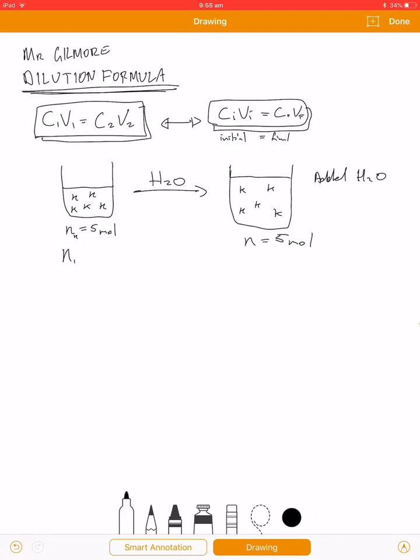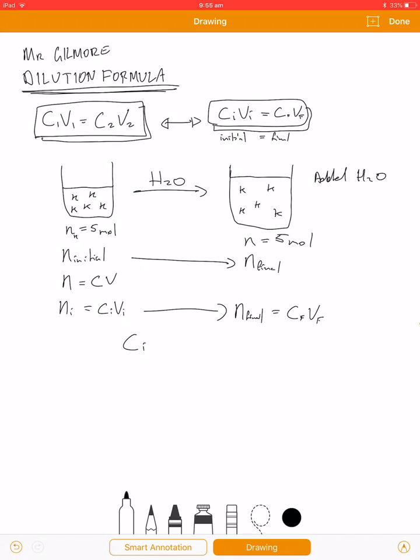This implies that our initial moles is equal to our final moles. If N is equal to CV, that means that initial mole is equal to initial concentration times initial volume, and that's equal to final moles, which is equal to final concentration times final volume.